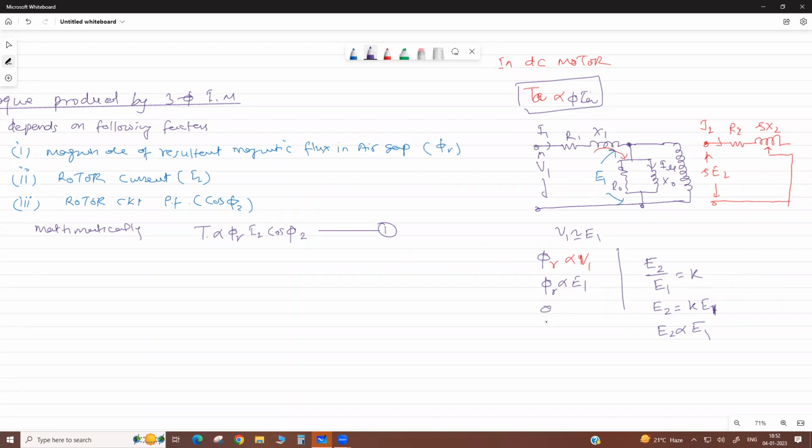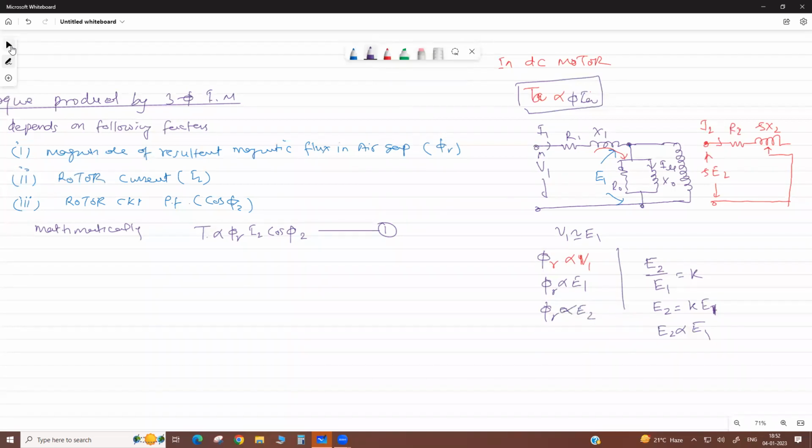So we replace this phi R with E2, or with some constant K. So phi R is proportional to E2.